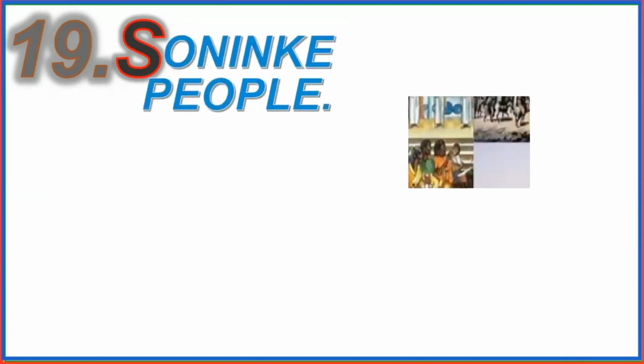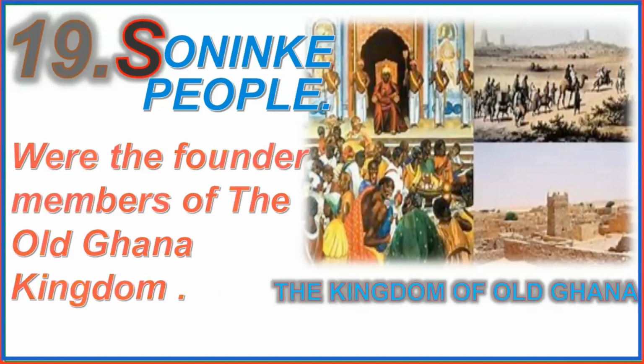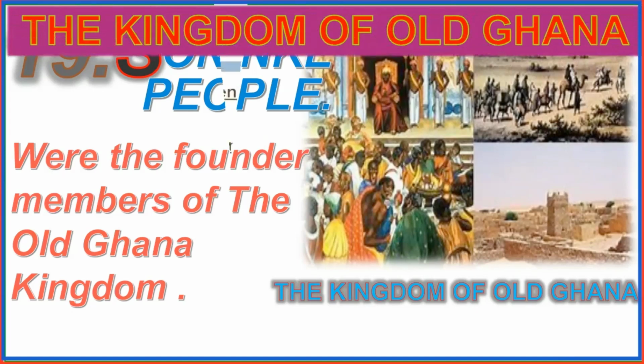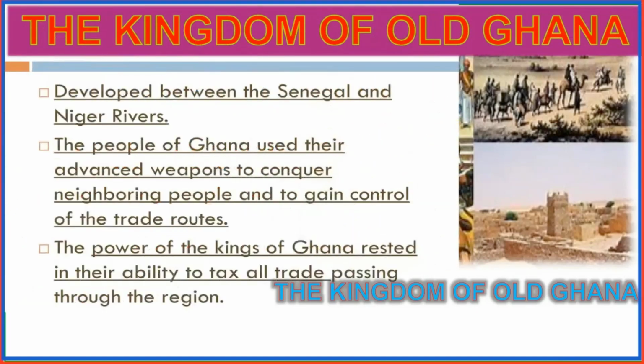Number 19, S. S for Soninke people. The Soninke people were the founder members of the Old Ghana Kingdom. Remember, this kingdom developed between River Senegal and River Niger. The people of Ghana used their advanced weapons to conquer neighboring people and to gain control of the trade routes.